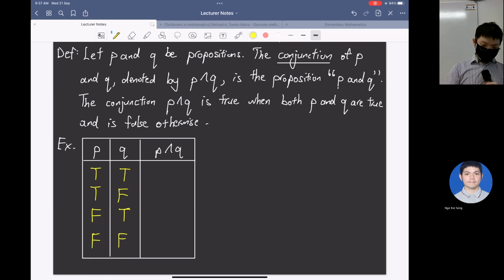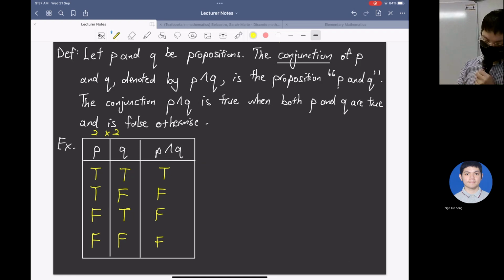Typically you will have two times two possibilities. If you have more, then you multiply by two again. P and Q is true only when both of them are true, so only here is true. The others should be false.